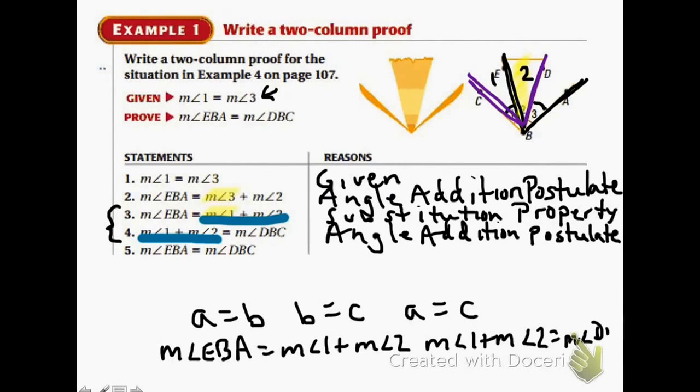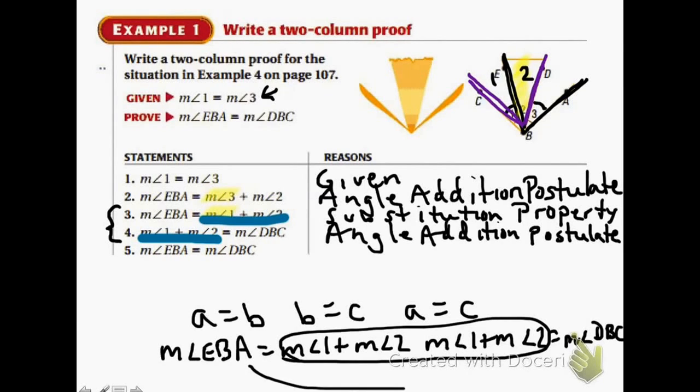So we've got that common element in the middle here, and we can take that out and say that these two must be equal to each other. Okay? And remember, that's called the transitive property.